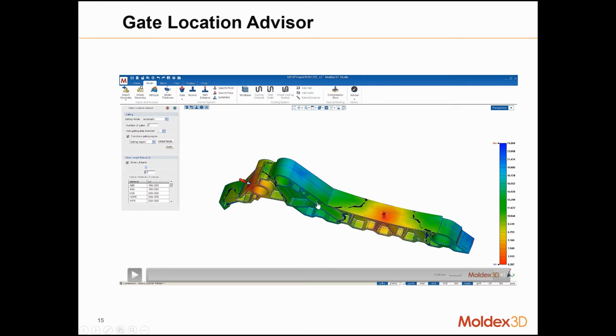So it means that it's not necessary to use the two gate design in this case. Instead, we can use only one gate to fill the whole cavity without any problem. So we can use this tool to help us find the suitable gate number and the suitable gate position.